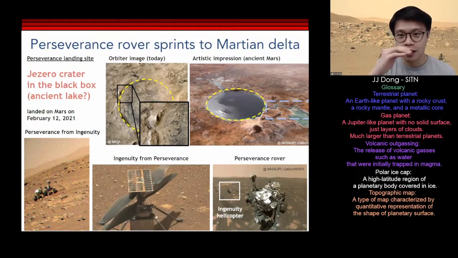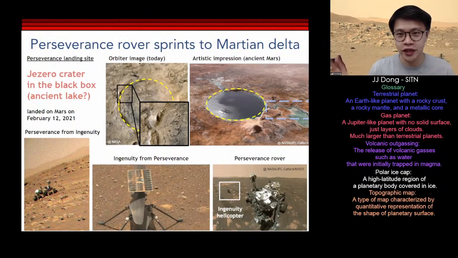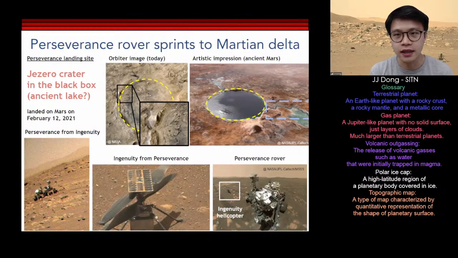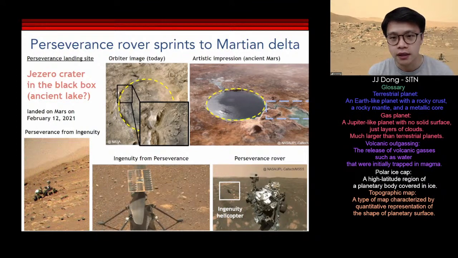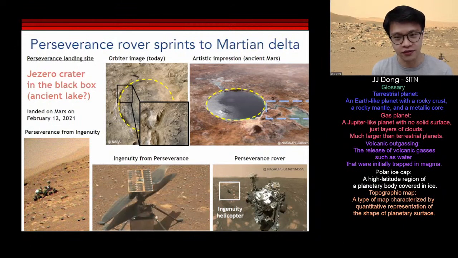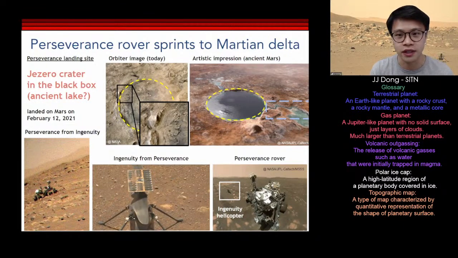In the lower panel, I'm just showing a bunch of photos about this particular mission. NASA sent it to Mars about 2 years ago. On the lower right, I'm showing a picture of the Perseverance rover, which is currently traversing across Jezero Crater as we are speaking.